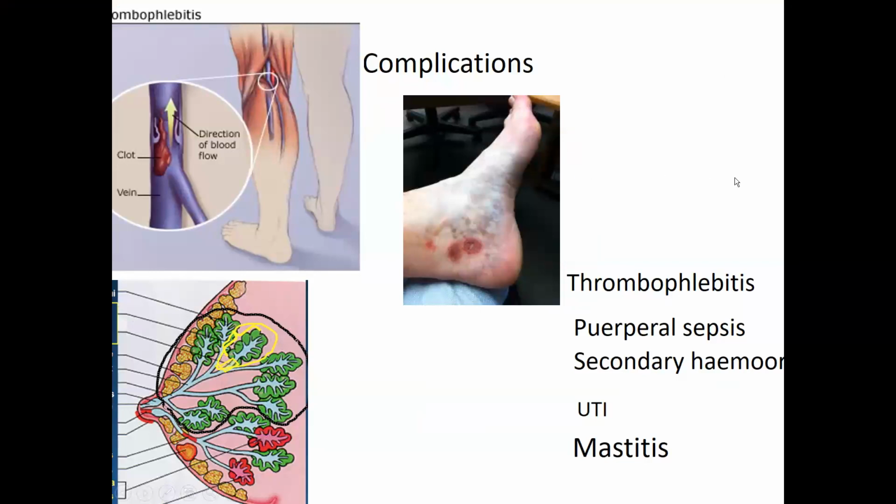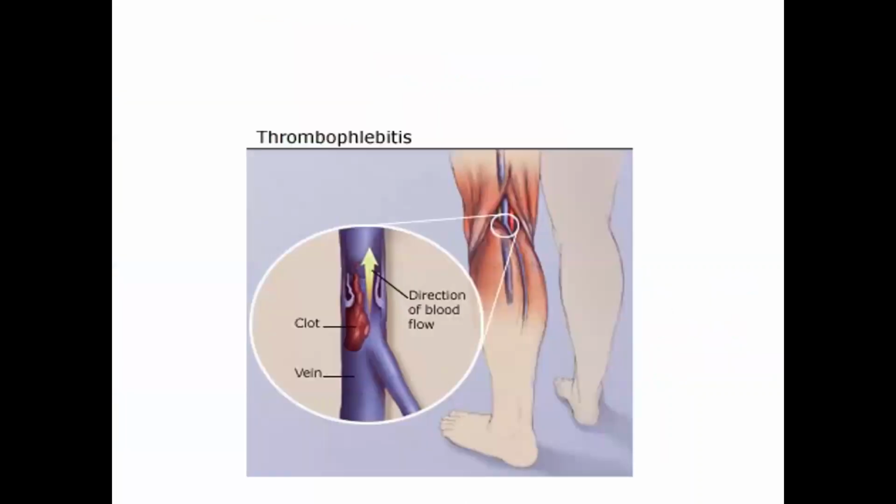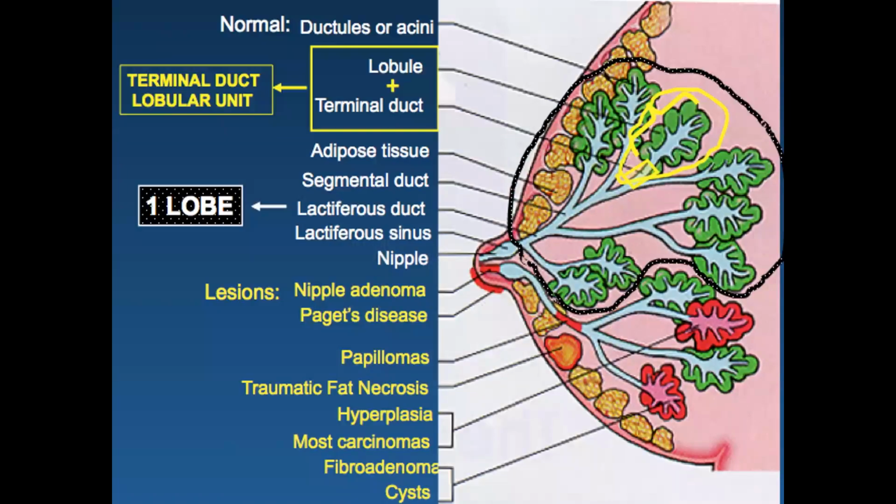Another thing mothers complain of in the postpartum period is that they develop fistula, vesicovaginal fistula or rectovaginal fistula. So mothers come up with these complications. Thrombophlebitis, we have already talked about it.